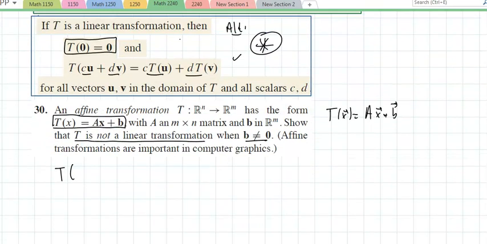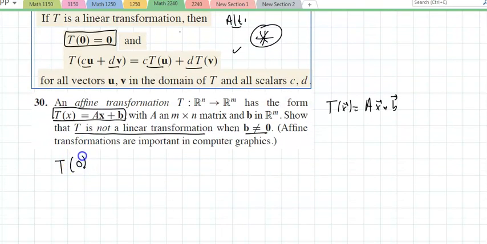If I take T of 0, that is A times vector 0, right? And that would be, of course, the 0 vector, right? But it's not Ax. If T of x was Ax, that would have worked.